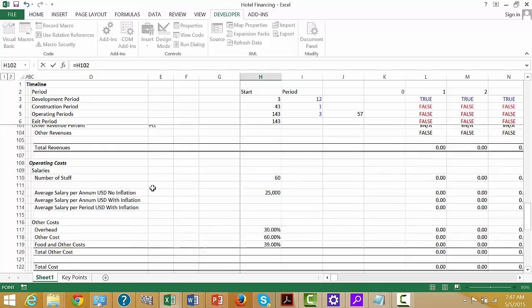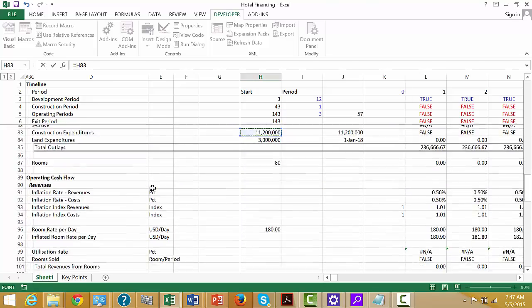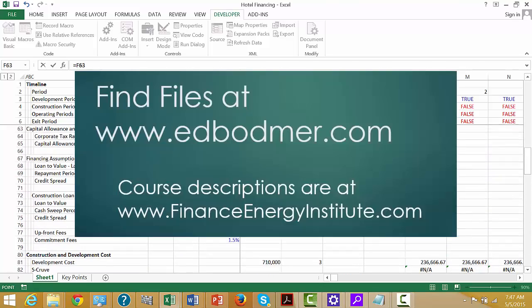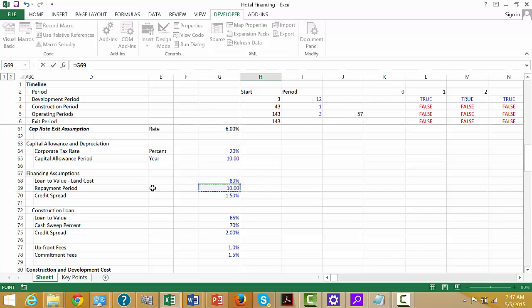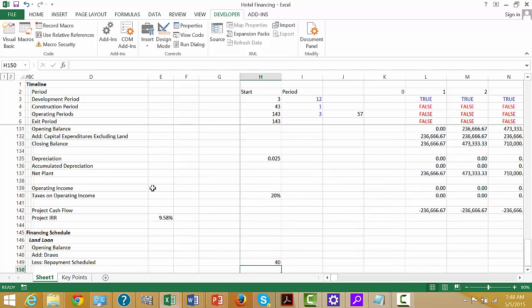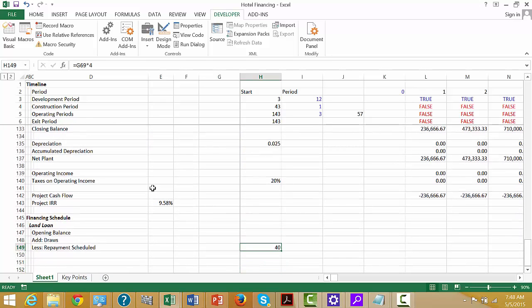This scheduled repayment is over 10 years, but we have 4 quarters per year, so we do it over 40 periods. Okay, and then we'll put a closing balance.